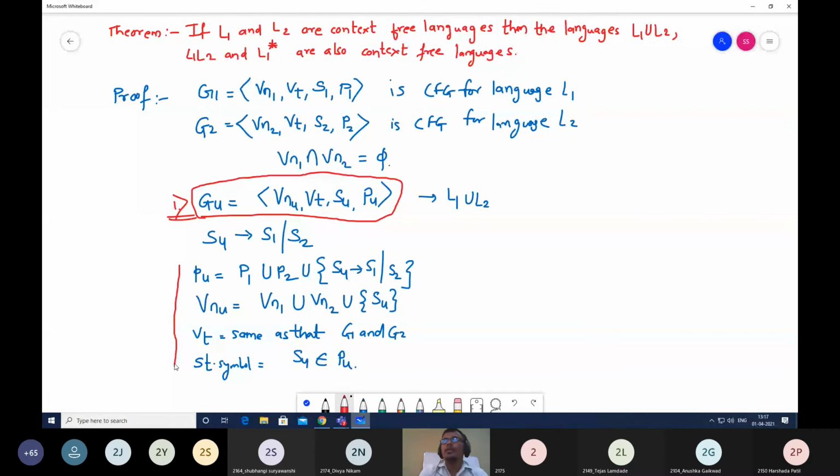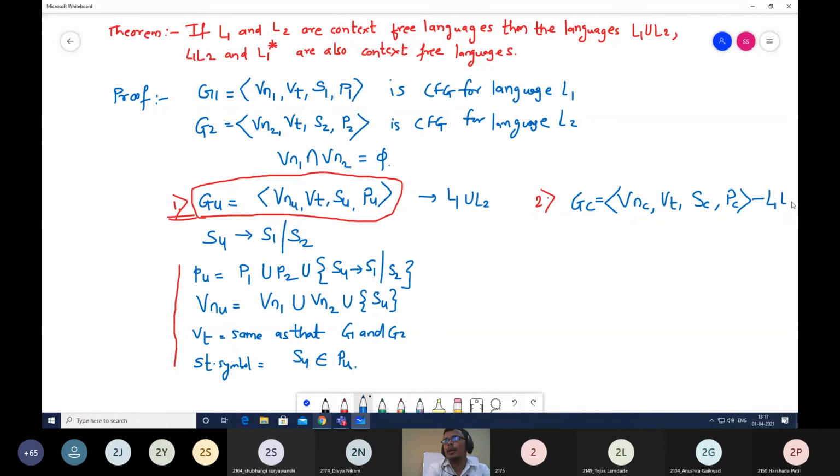Now, second, I want to construct for my concatenation. Suppose I am constructing for my second machine now, that is the grammar for concatenation. So I call it VNC, VT, SC, and PC.